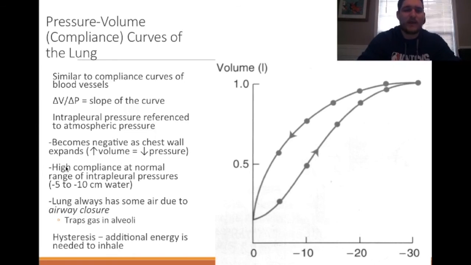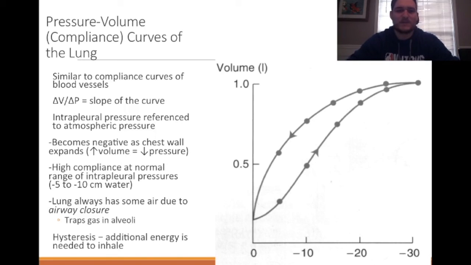And so you have a high compliance at normal range of intrapleural pressures, which is around -5 to -10 centimeters of water. But the lung is always going to have some air in it due to airway closure, and that's why at the end of the exhale, you always have that residual volume left over.